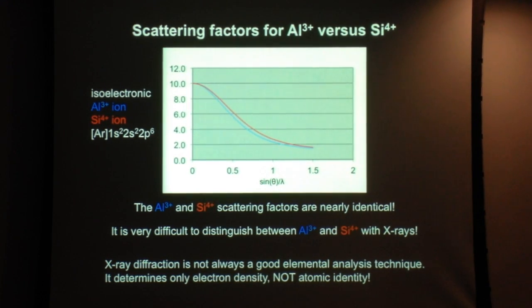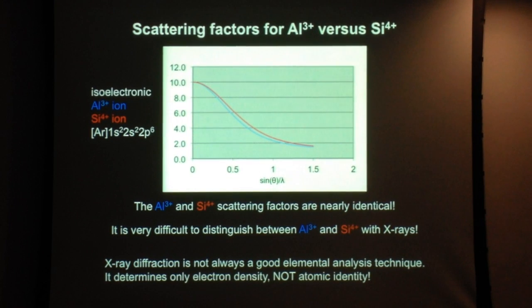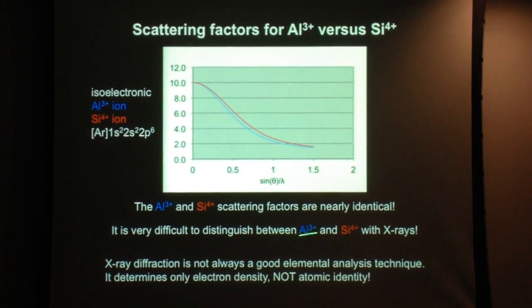That means X-ray scattering is not an easy way to distinguish between aluminum and silicon. So in aluminosilicate crystals, which are practically very important, zeolites and so on, the problem of deciding which of these atoms surrounded by oxygens are aluminum and which are silicon is challenging. So other techniques are used to make that determination.